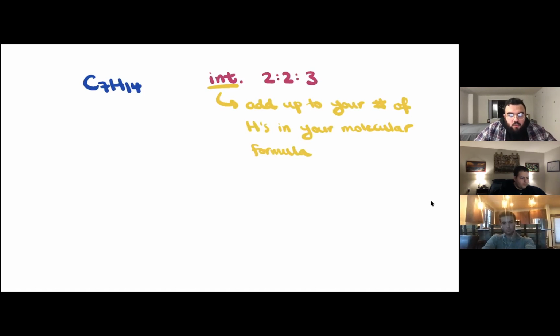Okay, so if you see them represented like this, 2, 2, 3, that adds up to 7. Obviously, I hope you know from elementary math that 7 does not equal 14. Okay, maybe in the electoral college, just kidding.